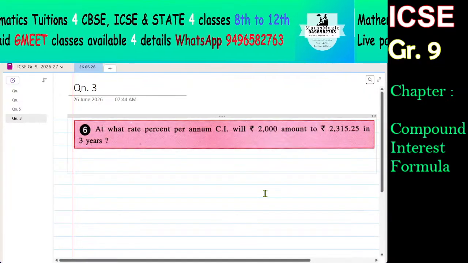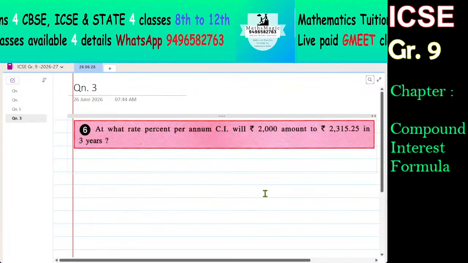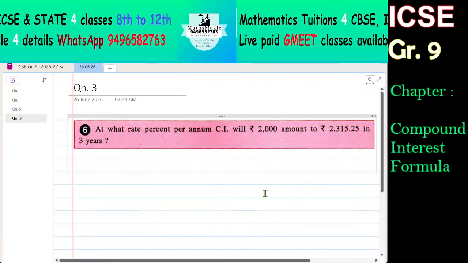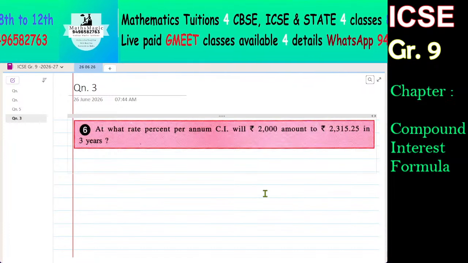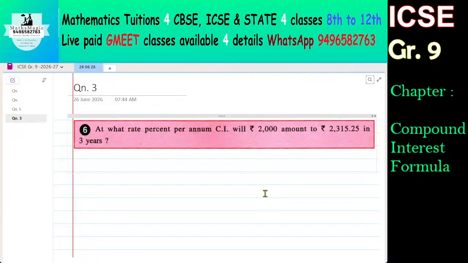The question is, at what percent per annum compound interest will rupees 2000 amount to 2315.25 in 3 years.